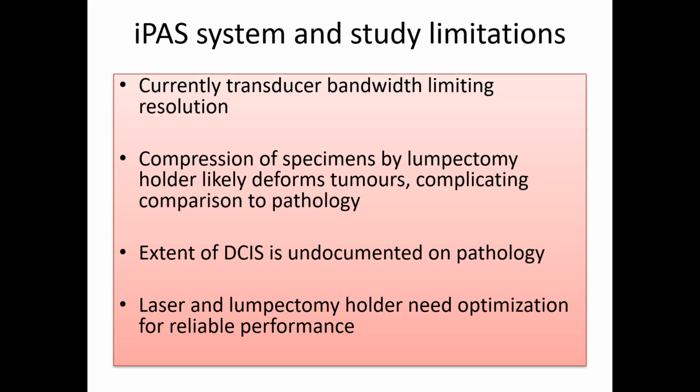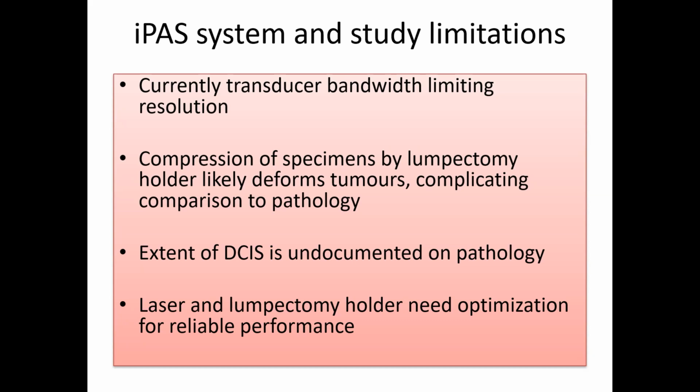Also, in considering the preparation of the specimen during the intraoperative scan, a considerable amount of compression is applied to the lumpectomy. And this compression likely, because these are fresh samples, they're quite malleable. We believe that there's a considerable amount of compressive deformation applied to these tumors.